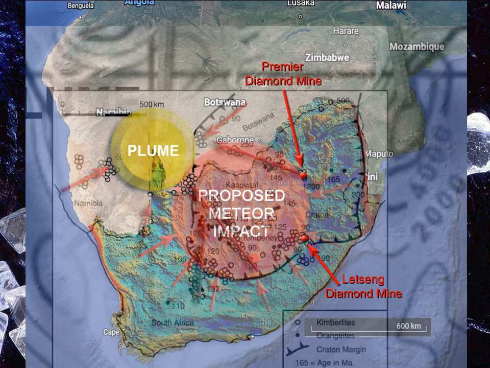Research by the author has found that this is the case for giant world-class metal deposits. They are always contiguous to a proposed meteor impact, as well as the world's giant oil pools, again contiguous to a meteor impact.